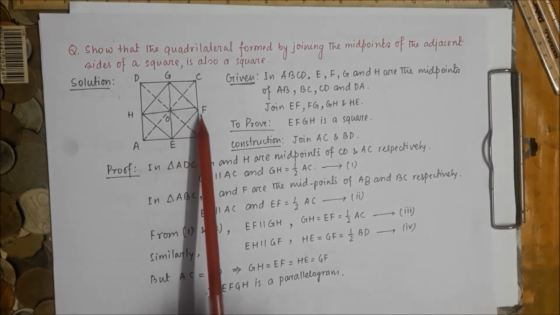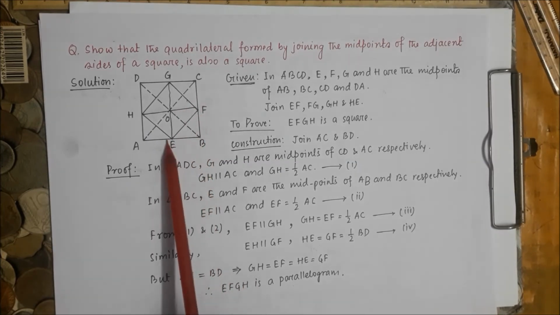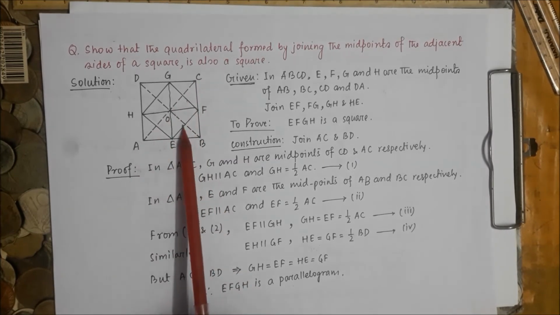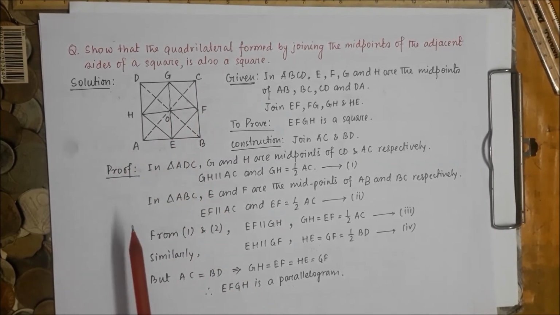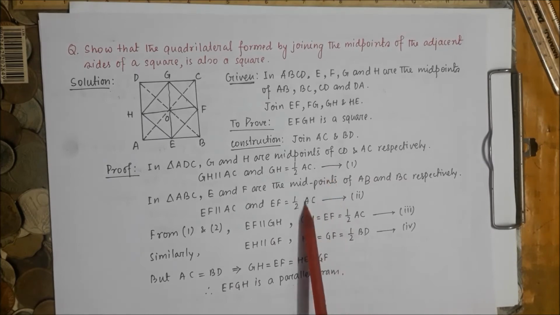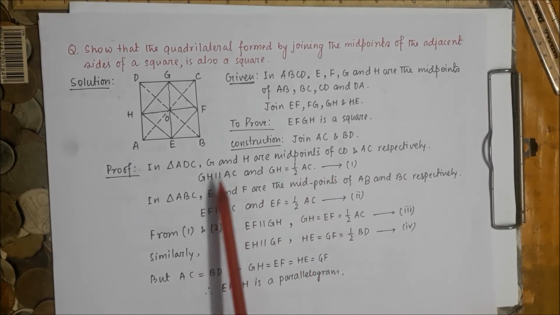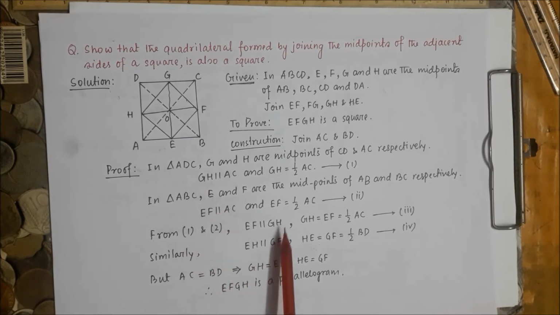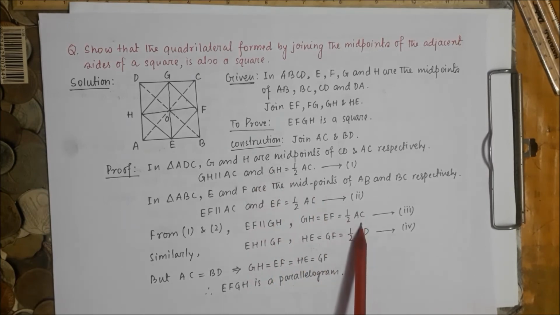So using the midpoint theorem, EF is parallel to AC and EF is half of AC. So using these two conditions, we can say that EF is parallel to GH. GH is parallel to AC and EF is parallel to AC, so these two lines are parallel to each other, and EF is equal to GH equals half of AC.